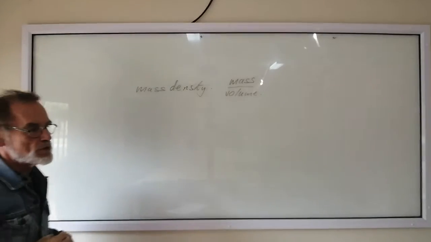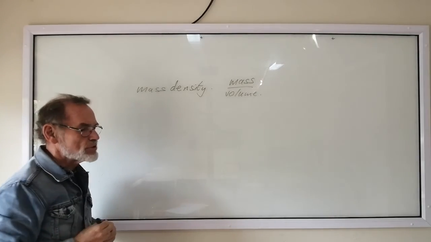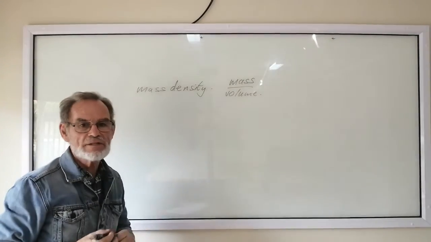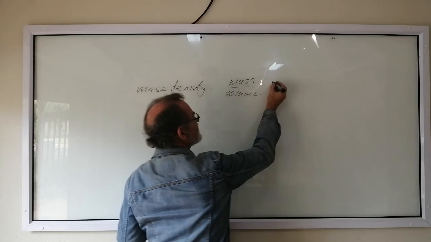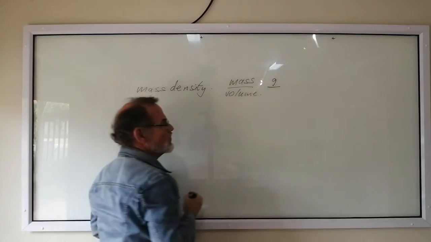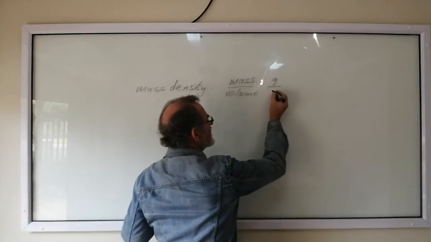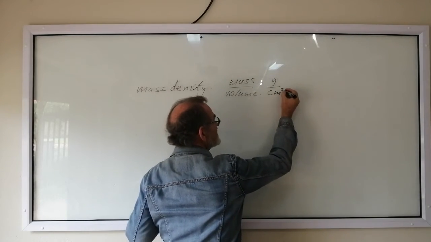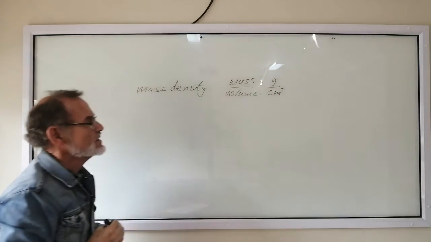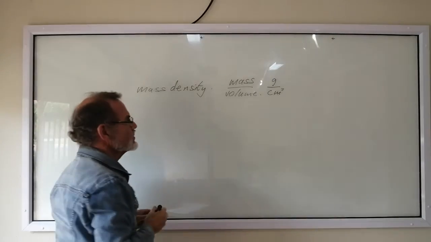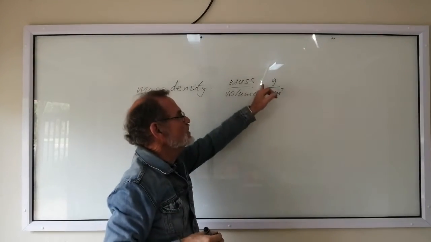And what are we measuring mass in? Usually, the most common density measurement is grams. And the most common volume measurement is cubic centimeters. Okay? So you've got to be able to convert your units to that.